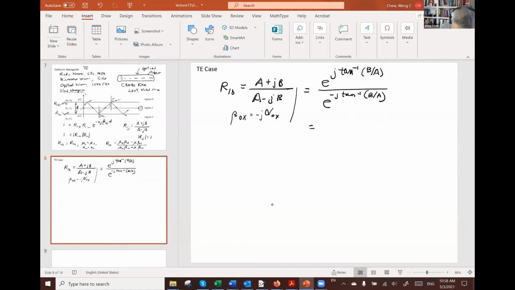this thing over here is e to the j theta TE, and that phase is actually equal to e to the 2j, because of the 2 times that it happens, arctangent of the ratio of the imaginary number to the real number.